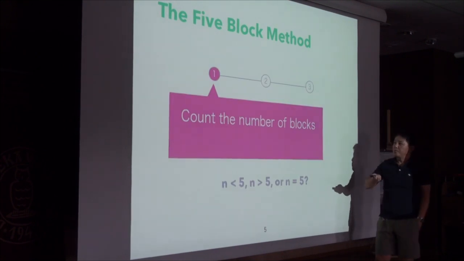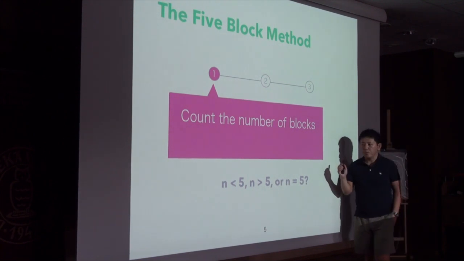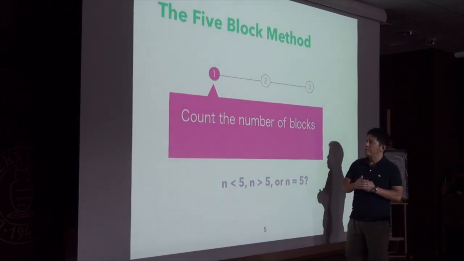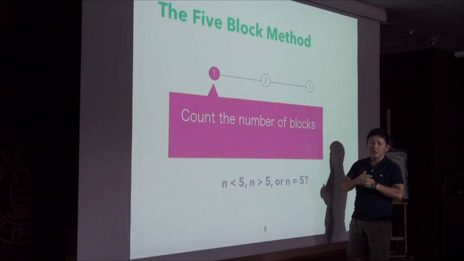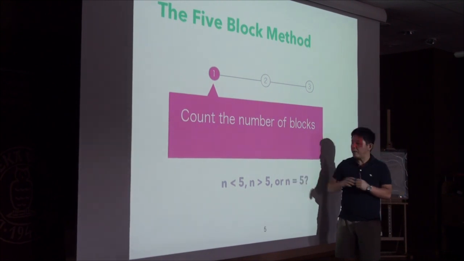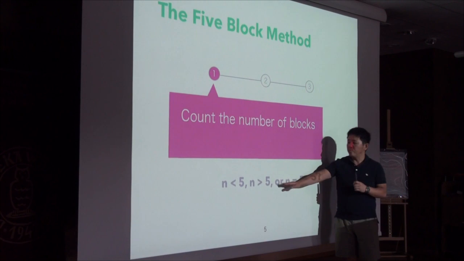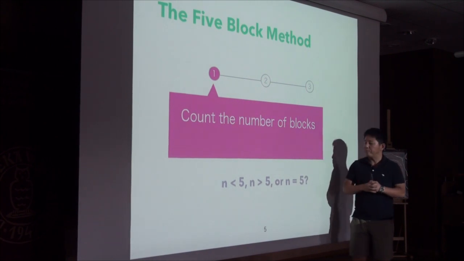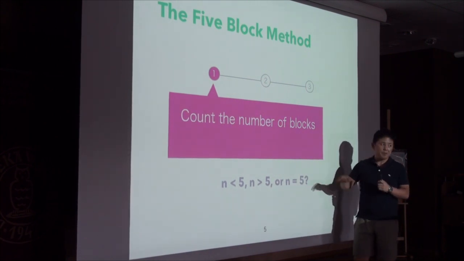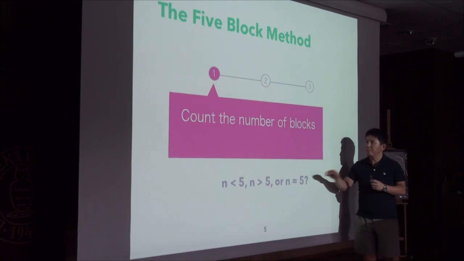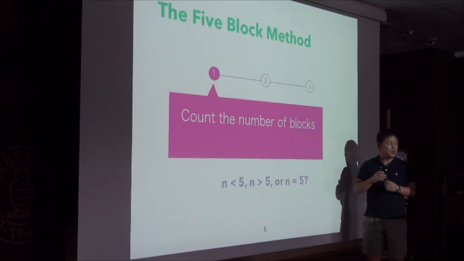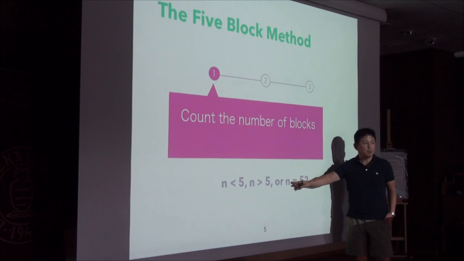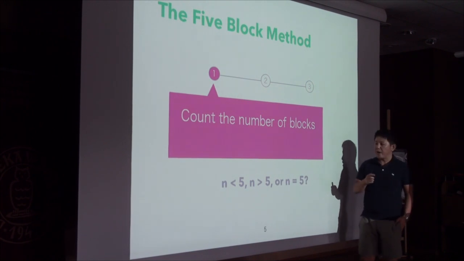So step 1, count the number of blocks. More specifically, we need to know if the number of blocks is less than 5, 4 or fewer, or more than 5, 6 or more, or exactly 5. It is important because what we're going to do in step 2 will depend on how many blocks you have in your hand.